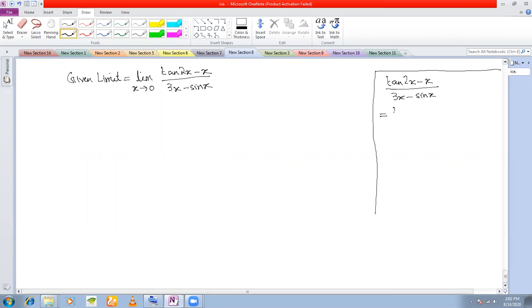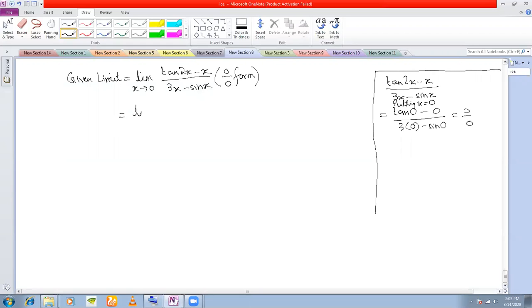Put x is equal to 0. You get tan 0 minus 0 divided by 3 into 0 minus sin 0, which is obviously a 0 by 0 form. So this is a 0 by 0 form.